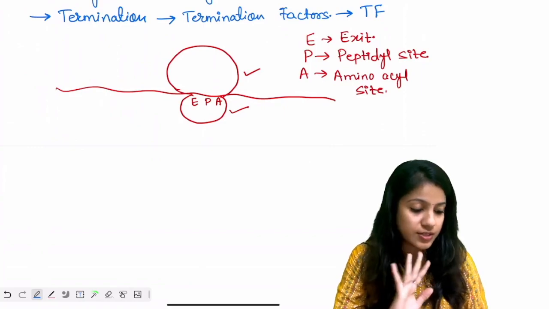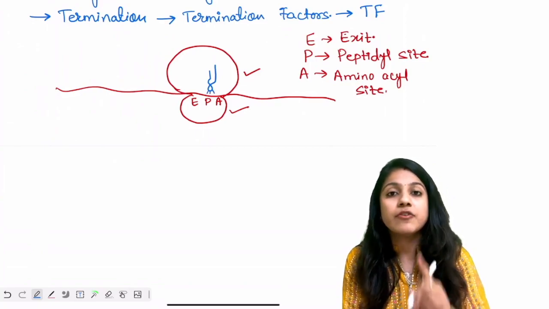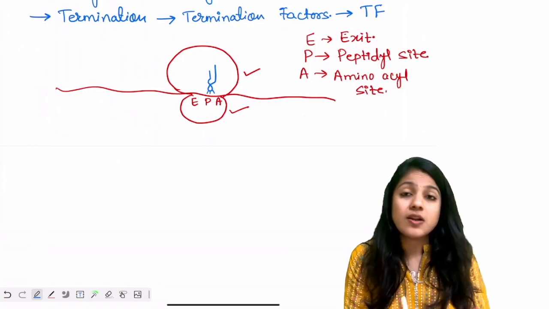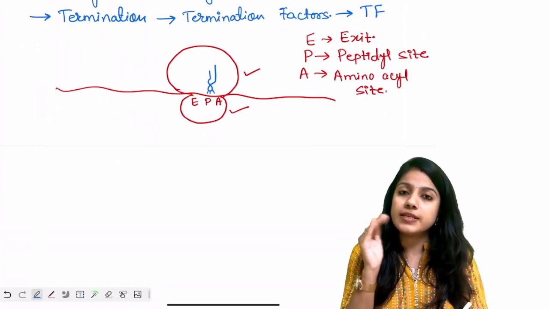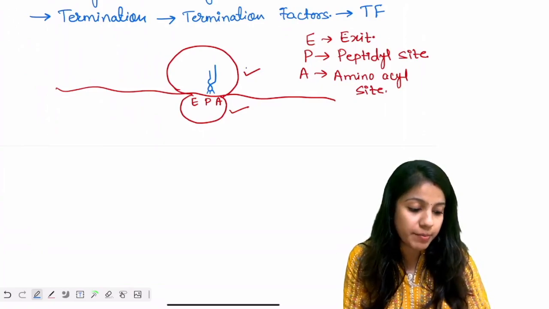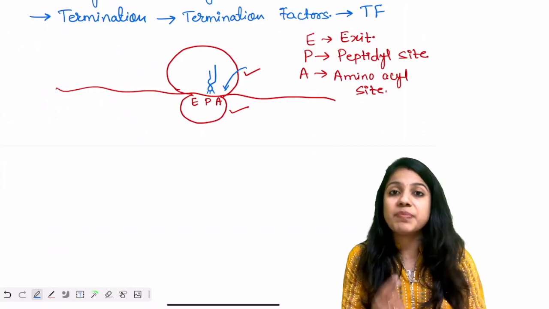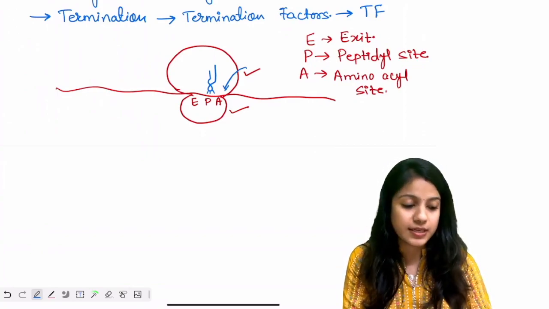The first tRNA will come and bind on the P site, the peptidyl site. Now, since the P site is already occupied, the next tRNA which comes will bind on the A site. Since the P site is already occupied, the second tRNA will come and bind on the A site.